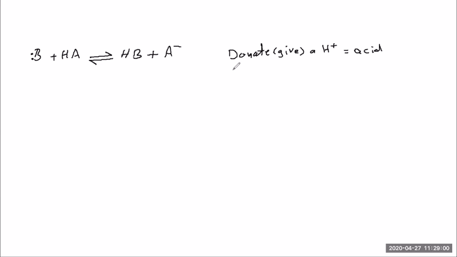And the one that accepts H positive will be considered base. So that's what you're going to look for. Which one will give, which one accepts the H plus, and you will decide which one is acid and which one is base.